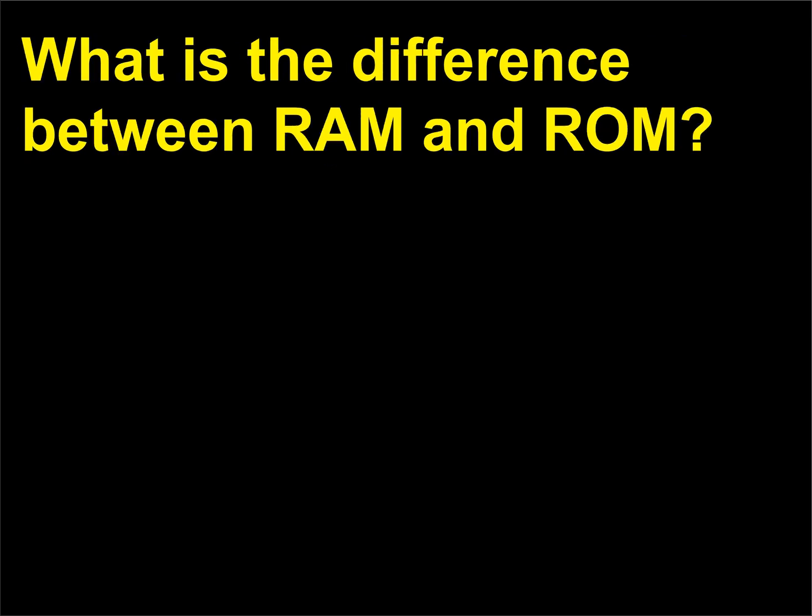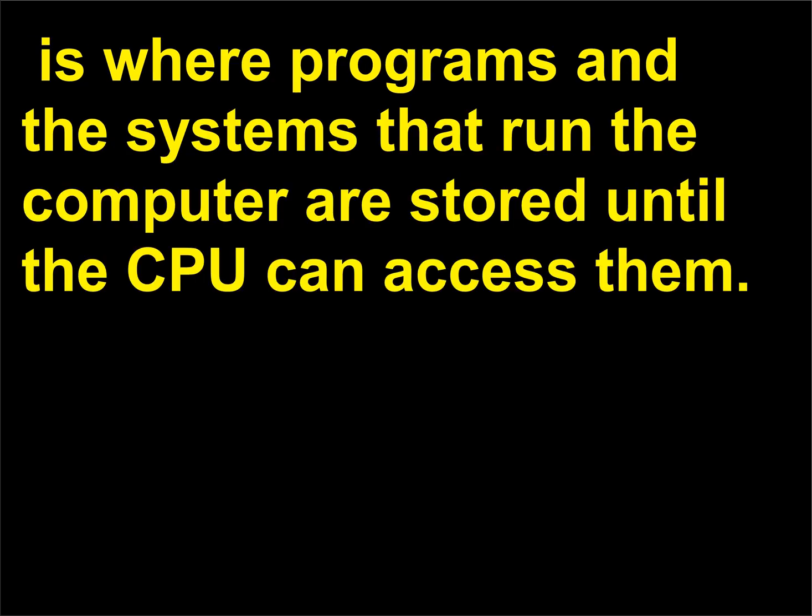What is the difference between RAM and ROM? Random access memory, RAM, is where programs and the systems that run the computer are stored until the CPU can access them.